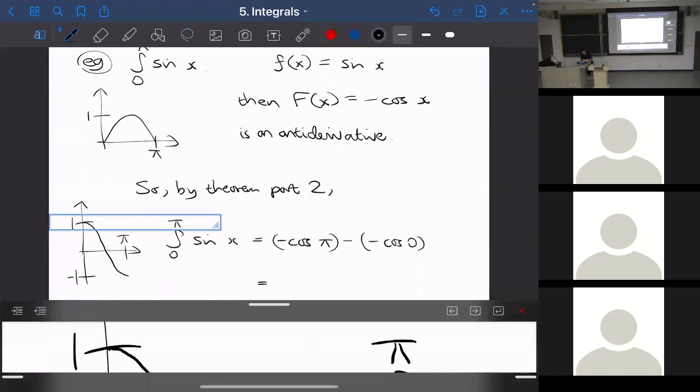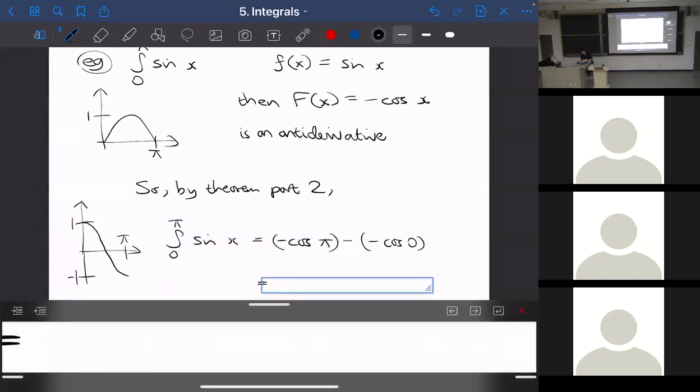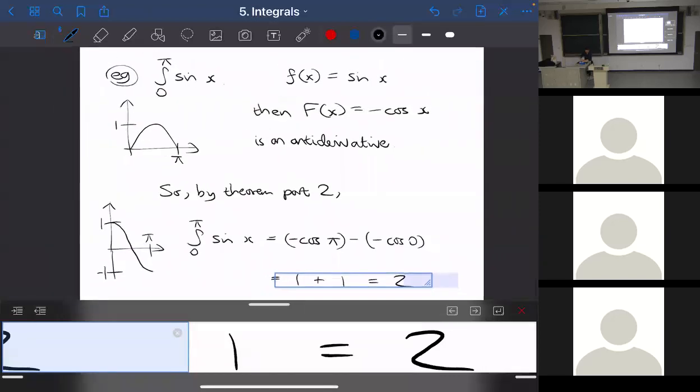And so putting in these values, I get -(-1), which is +1. And then again, -(1), which is -1, so we have an answer 2.